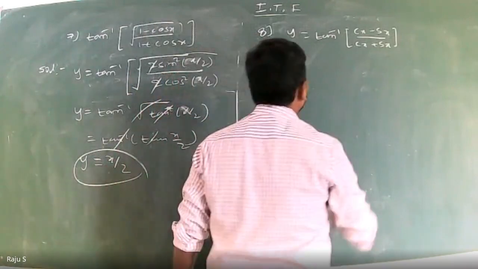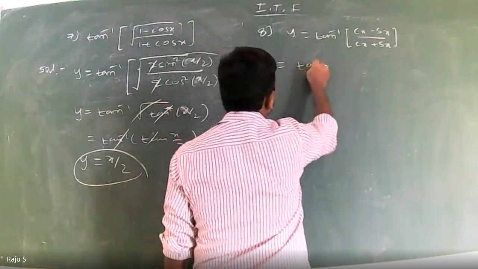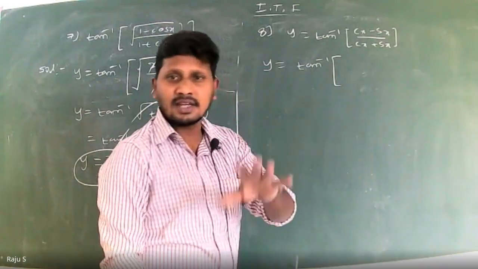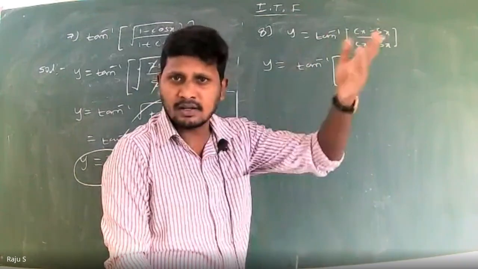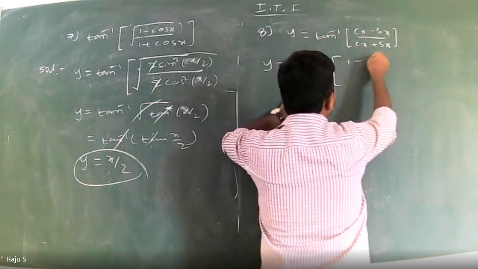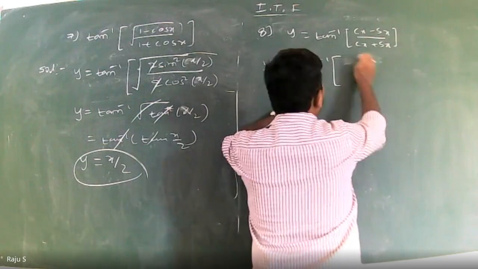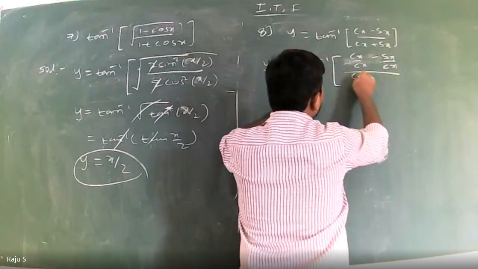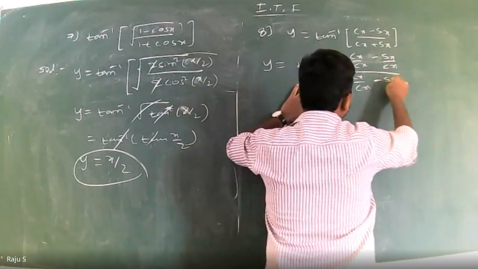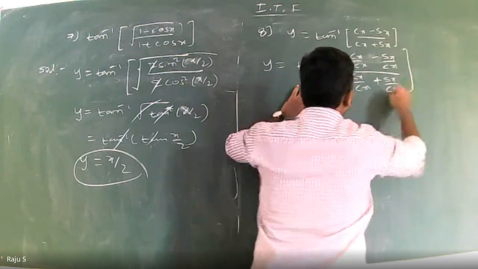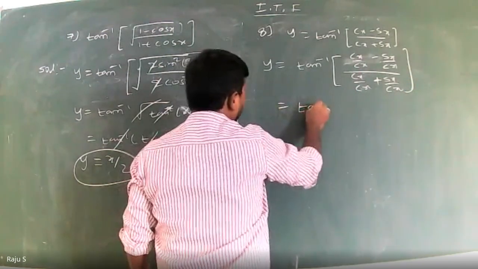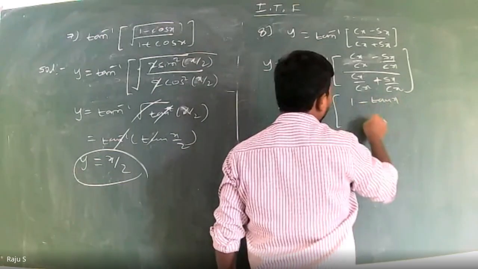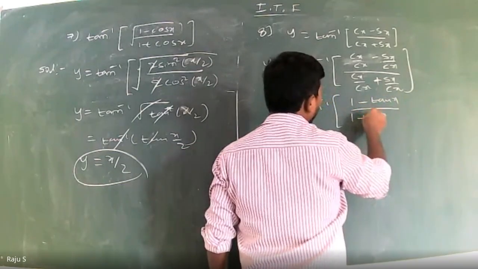So y is equal to tan inverse of numerator and denominator, dividing each and every function with cos x. So 1 minus sin x by cos x over 1 plus sin x by cos x. So it becomes 1 minus tan x by 1 plus tan x.